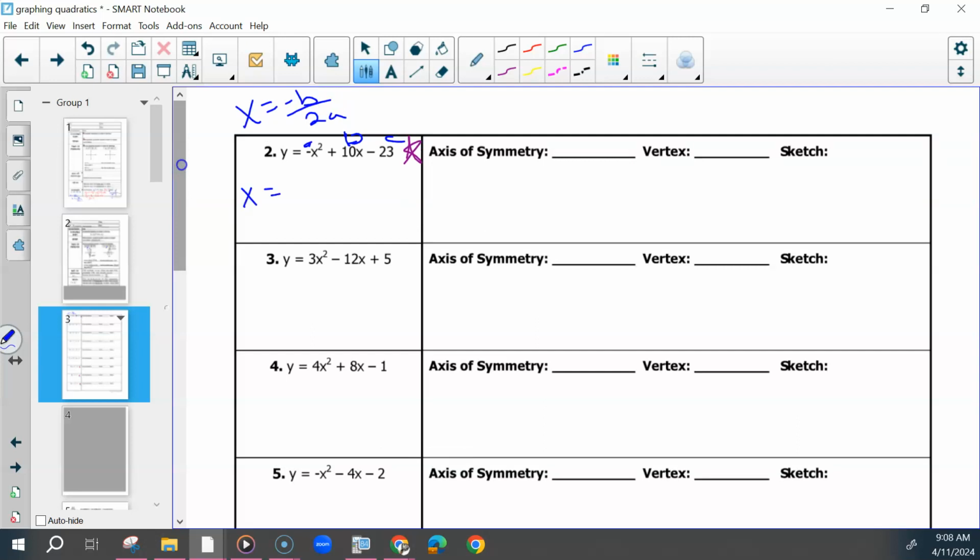How would I set that up? What is my b? 10x. 10, not the x. So -10 over 2 times -1. Go ahead and simplify that. What would our axis of symmetry be? 5. X equals 5.